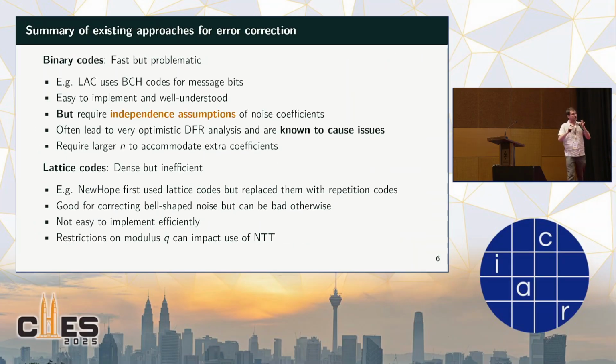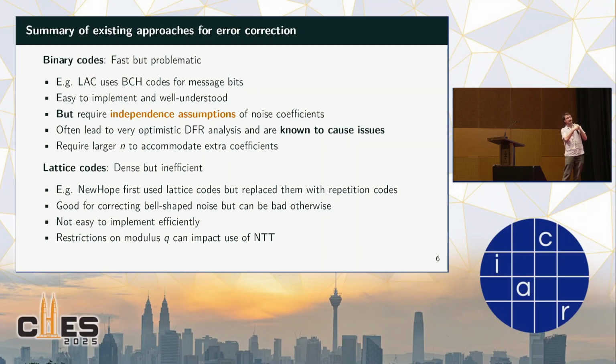So the existing approaches that we have for error correction in lattices, apart from the simple encoding of 0 to 0 and 1 to q over 2, is to use binary codes, which are very fast but problematic. This is the case for LAC, which used BCH codes for message bits, which is very easy to implement and well understood, and maybe not so easy sometimes in constant time. But they require independence assumptions on the noise coefficients.